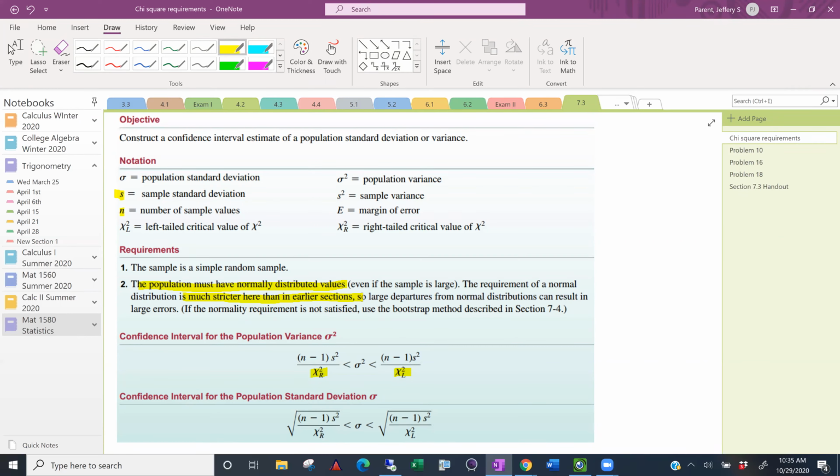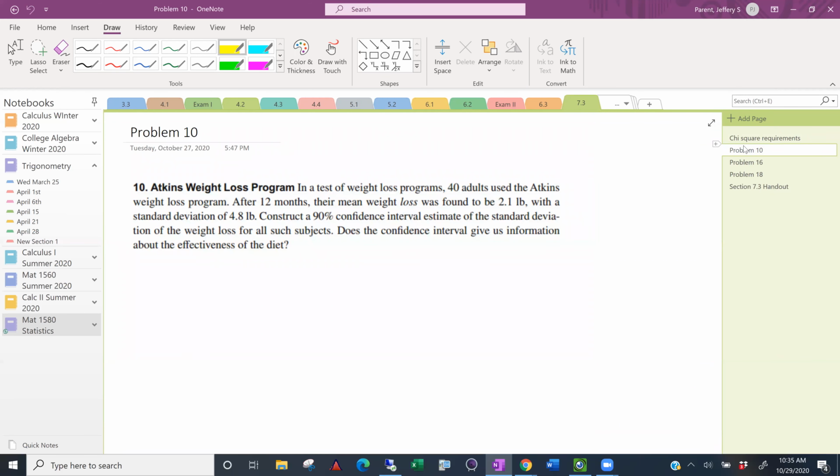So it's something you do have to worry about. Now, we're not going to be checking it in every problem just because I won't be able to get through any material. But do know that this is a strict requirement. And if it's not met, you have to do something else. Probably a non-parametric method, which I'll cover at the end of the course.